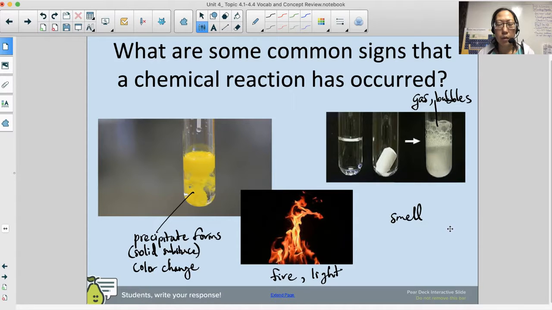So those are some general common signs of a chemical reaction. The other thing going along with fire and light is changes in temperature. So our exothermic versus endothermic reactions.